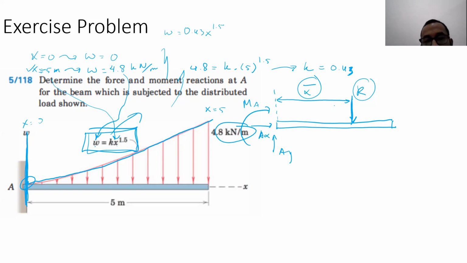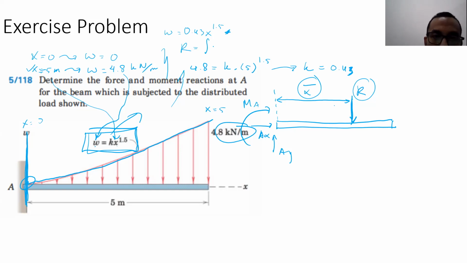How can we find the R? Use integral. Okay, we can use integral. So R is actually what? Integral of 0.43 x to the power 1.5.